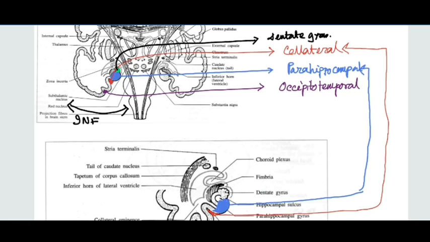And it is overhung medially and above by the dentate gyrus.